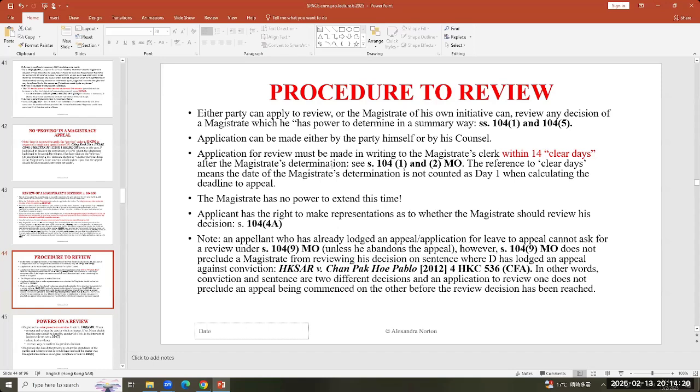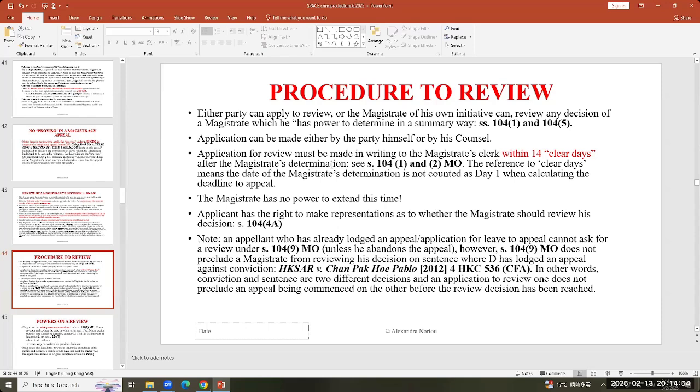Why would a review be advantageous? It's often quicker because you're going back before the magistrate who made the decision. So he's very familiar with the facts. You don't need to waste time going through the background. So that's one advantage. It's quick. It's also less costly because you're staying within the magistrate's court and you're not going up to a higher court where you may need to instruct a solicitor with higher rights of audience or counsel to do the appeal.